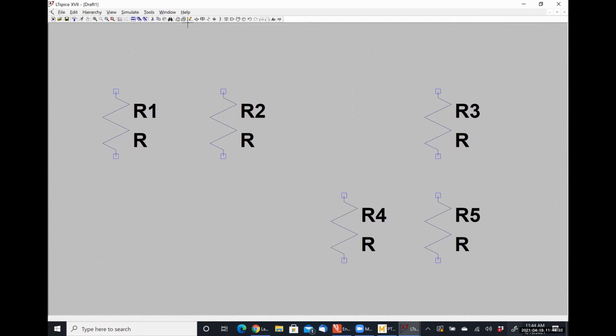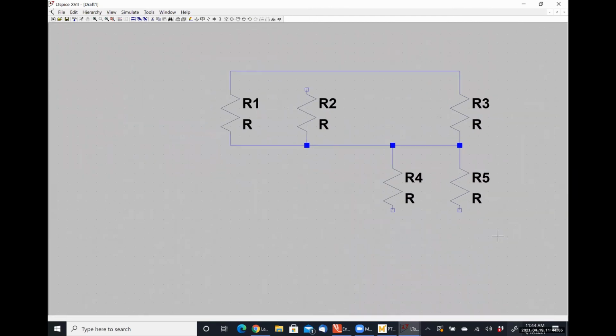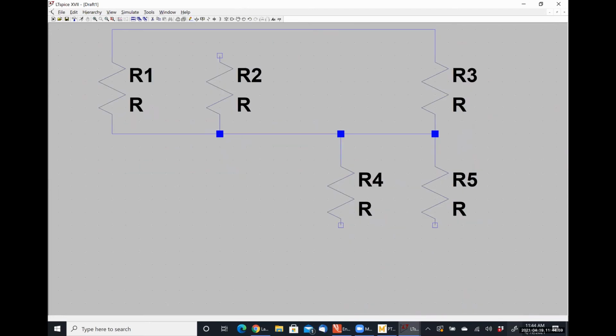Resistor, resistor. Oh crap, well I don't have an, never mind.